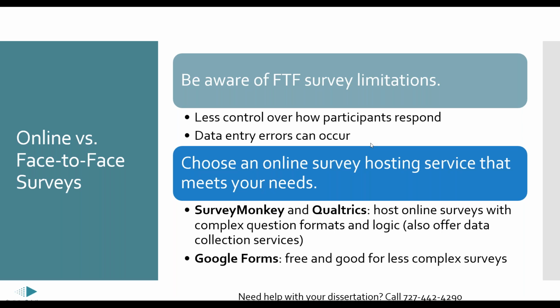So if you are using a face-to-face survey, an extra step that you have to do is take that physical survey form and enter it into an electronic format to be able to do a statistical analysis on it. And so errors can occur during that data entry phase. So as you're entering in the responses into a spreadsheet, for instance, you could have a typo where you enter in the wrong number. So those types of data entry errors can occur as well.